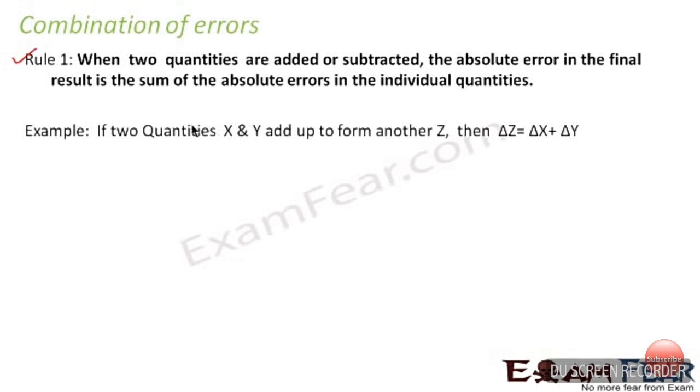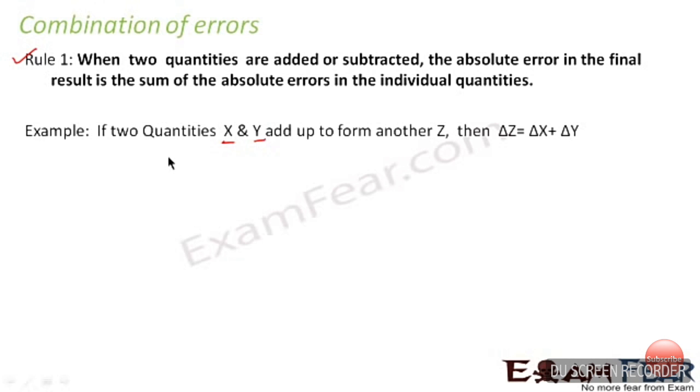let us suppose we have two quantities x and y, and x and y together form another quantity z. The rule says that in that case, the absolute error involved in z will be equal to the sum of the absolute errors involved in x and y.